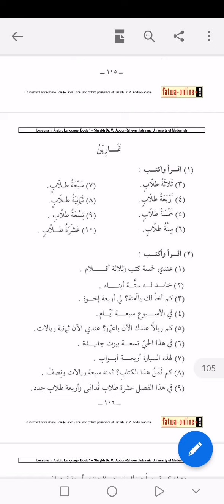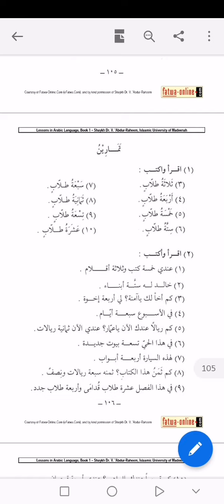So salasatu will be feminine and tullabun will be masculine, and it should be plural and at the last it will get kasra. So arba'atu tullabin, 5 students, 6 students, 7 students, 8 students, 9 students, 10 students.